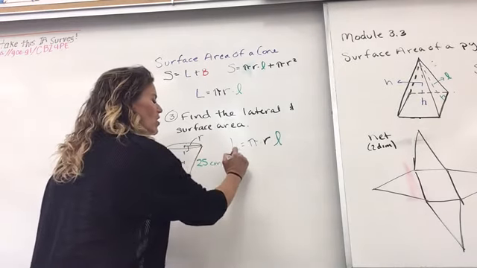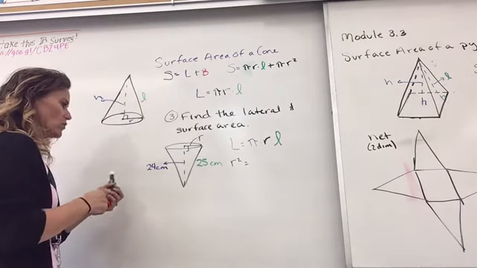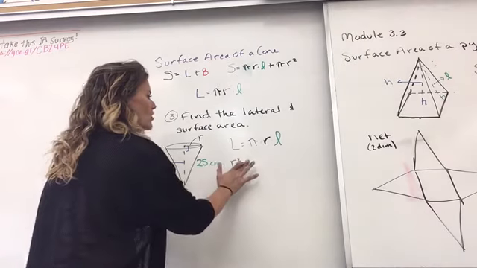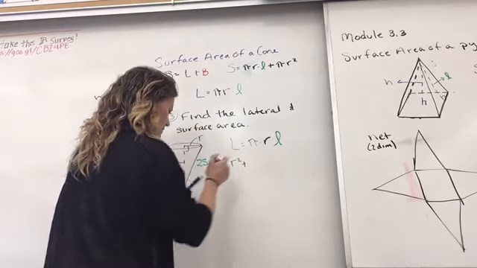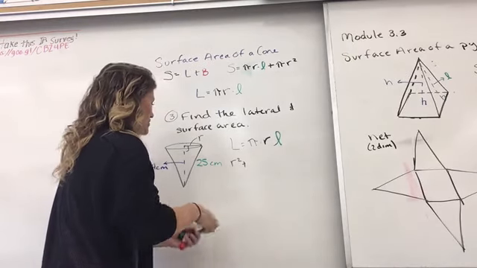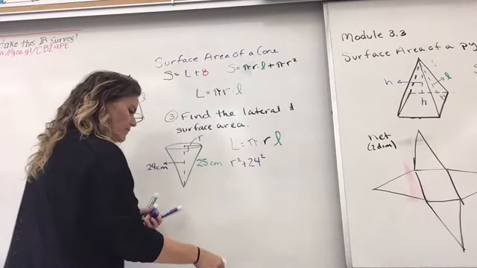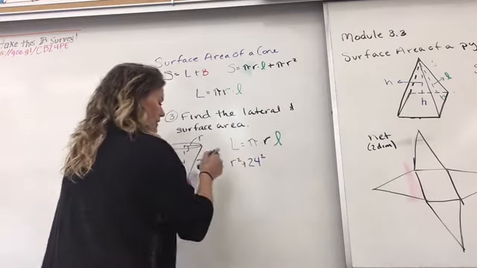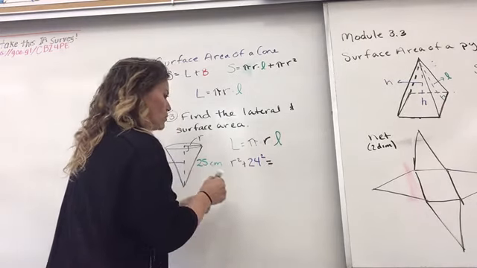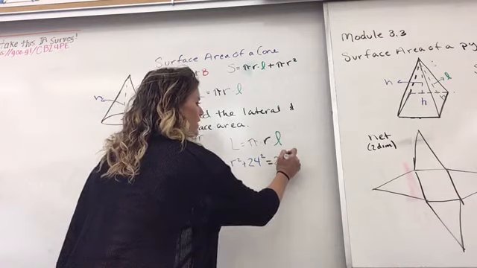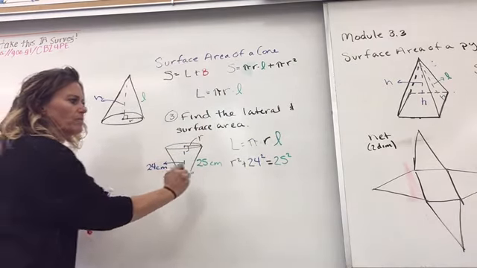So when we go to find r, we're going to say r squared plus 24 squared equals the L squared, which is 25 squared, because the 25 is the hypotenuse of this little triangle here.